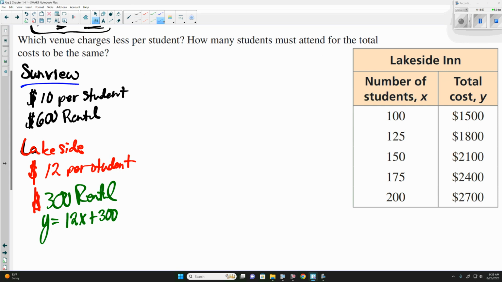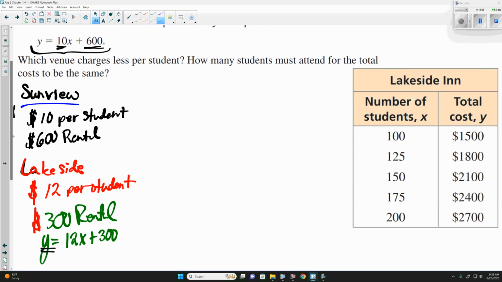So we'll see here, because again, we're trying to see when the y values in these two equations are the same, yes? So that means we could take these two equations, 10x plus 600, and set it equal to 12x plus 300.